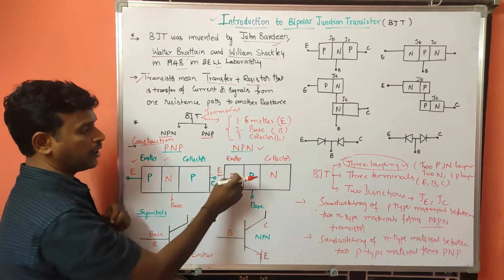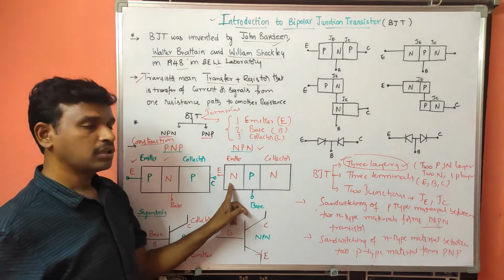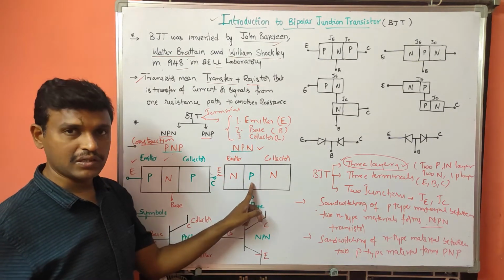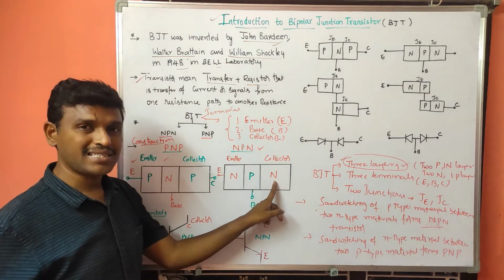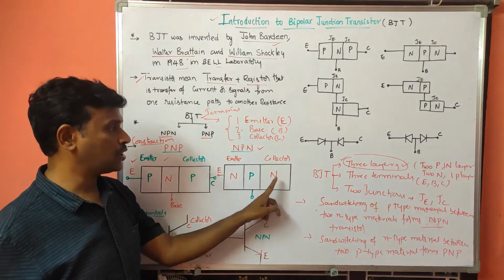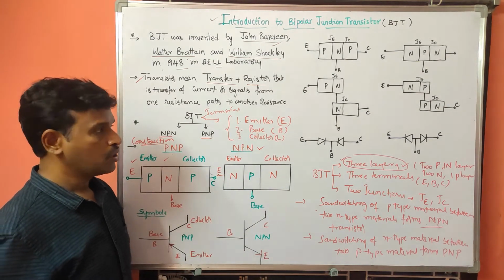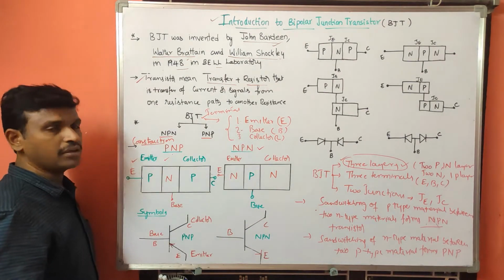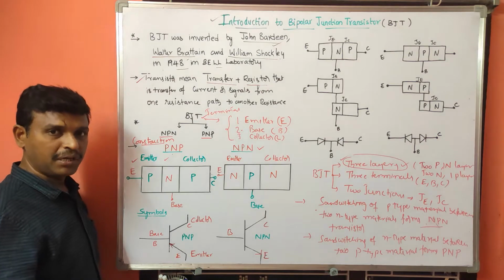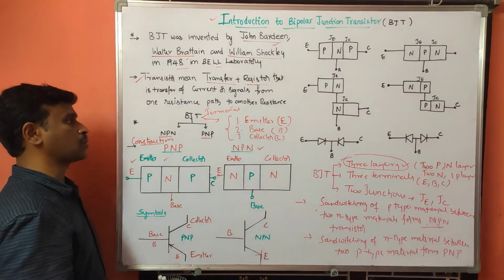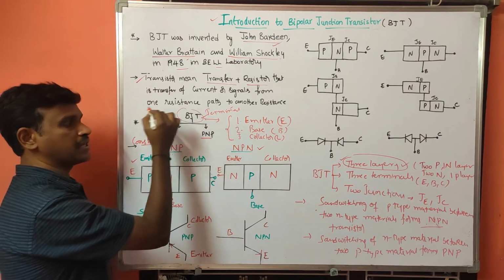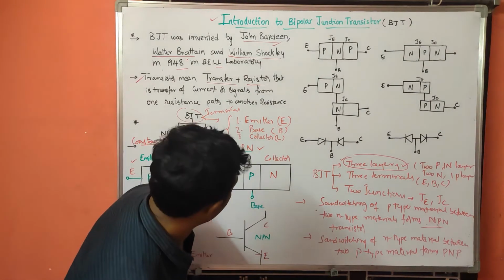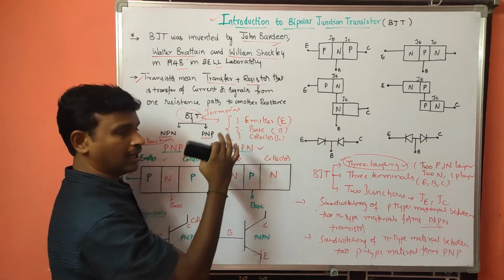Similarly, for an NPN transistor, the first N layer is called the emitter, the P layer is called the base, and the last N layer is called the collector. So these are the three terminals we have in NPN or PNP transistors, or combinedly in a BJT. Now we have the emitter, base, and collector.